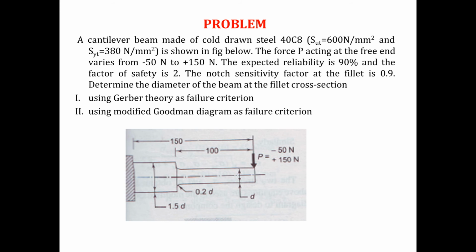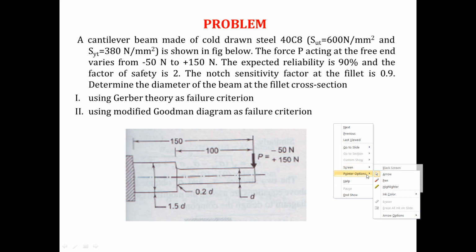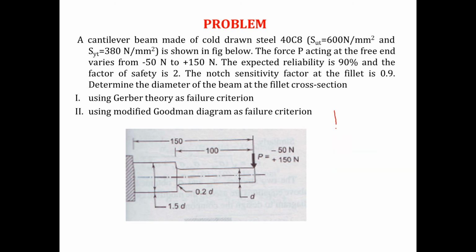From the diagram, it is clear that at the fillet cross section the diameter of the beam is small d. That I need to find out by using Gerber theory and the modified Goodman diagram. So before starting the problem, firstly I have to use Gerber theory. So first let us draw the Gerber diagram. Gerber diagram is plotted in an xy plane.